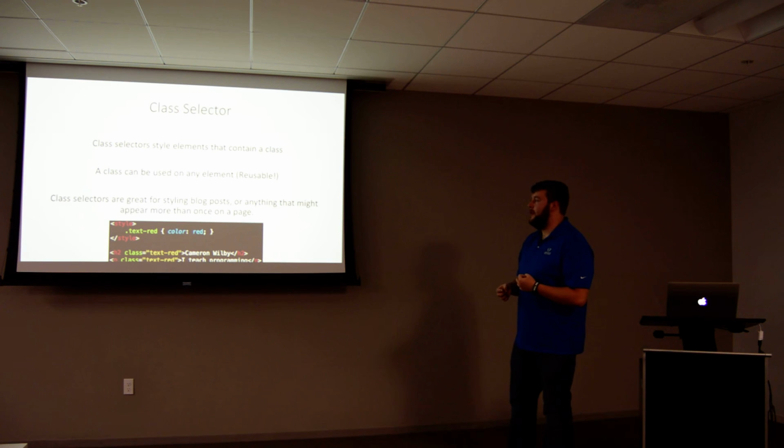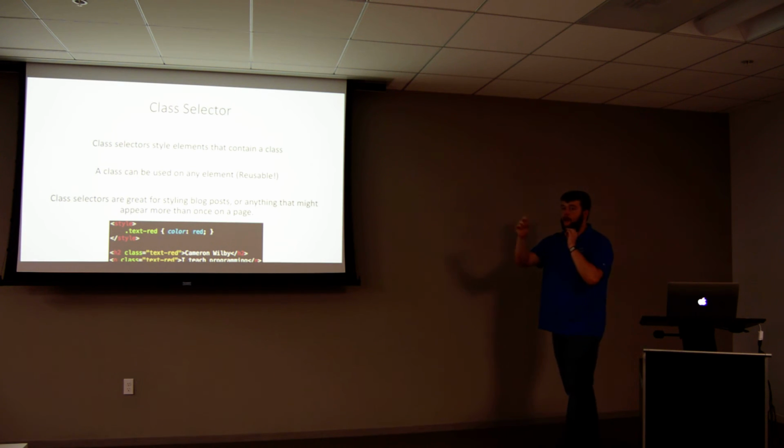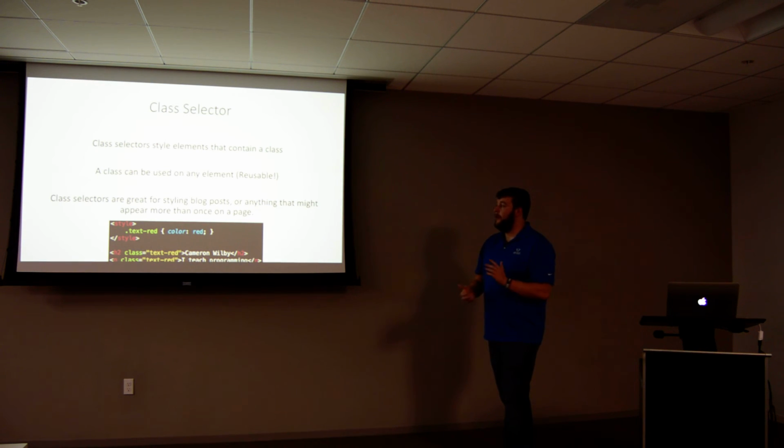Can anybody think of something that appears more than once on a website? We have blog posts, news sites have articles, forum posts, a menu. Yeah, like the nav bar at the top. We might show that nav bar more than once, right? So it's a great way of styling things that appear more than once on a page.